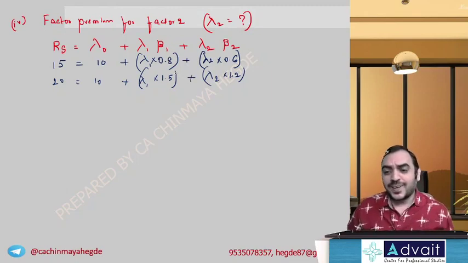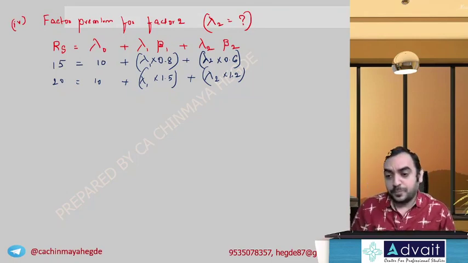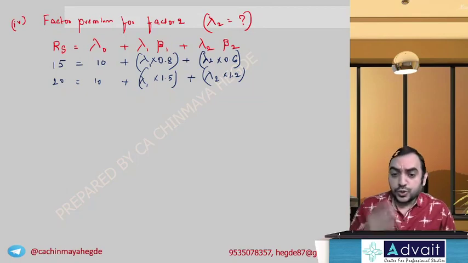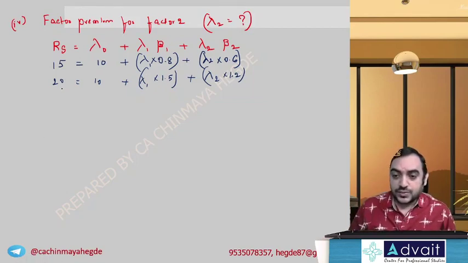Now we are not calculating anything for the portfolio here. We are calculating the pure factor premium based on the respective securities. If you look at this equation, lambda 1 and lambda 2 are unknown, so we can solve this by solving simultaneous equations. That's all that is required.